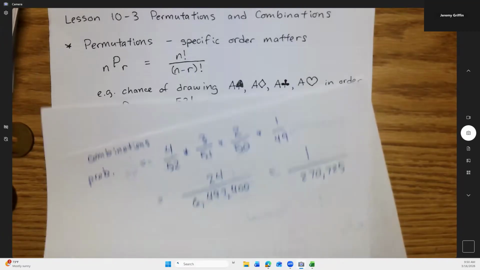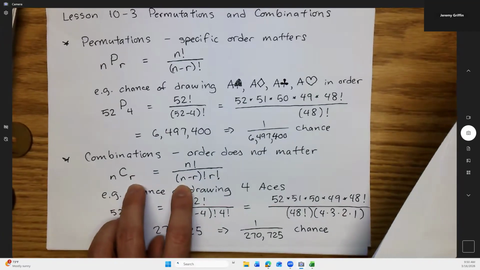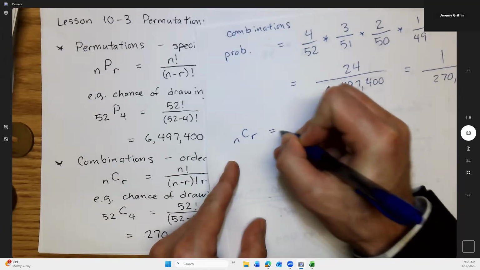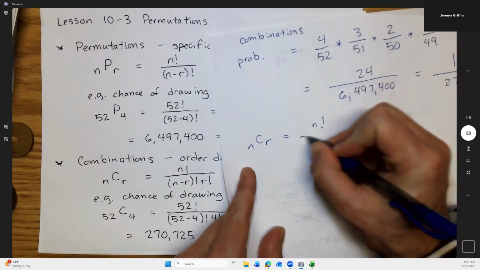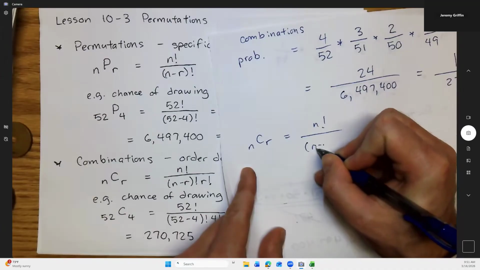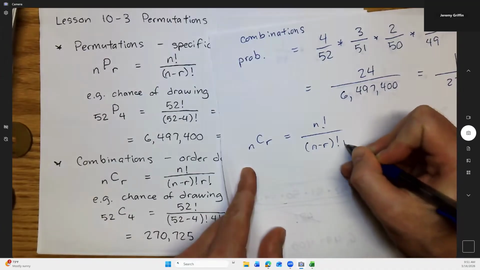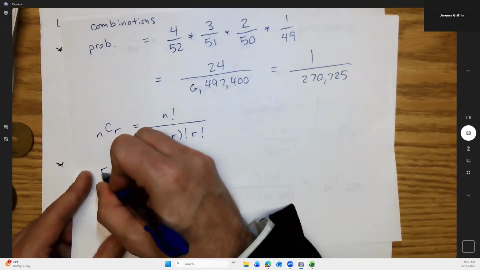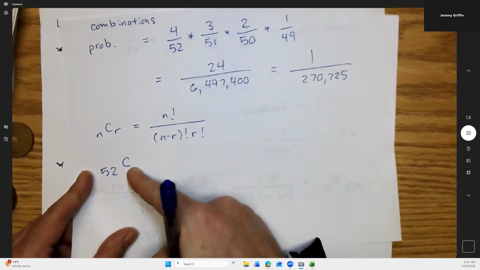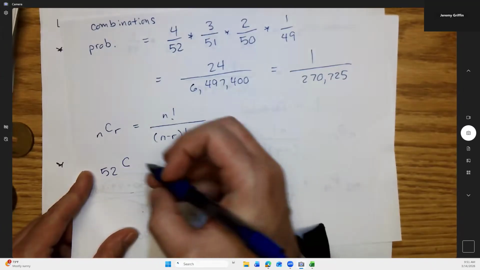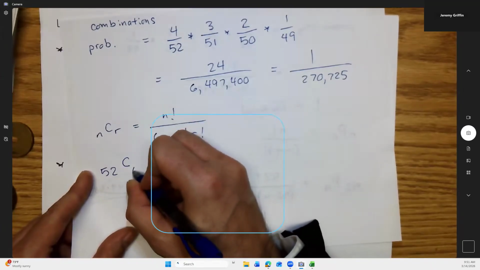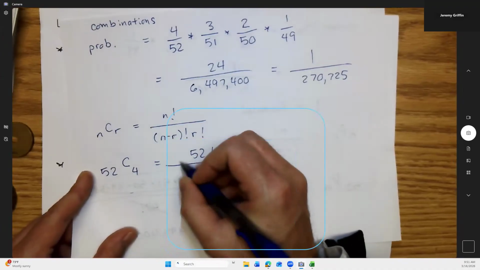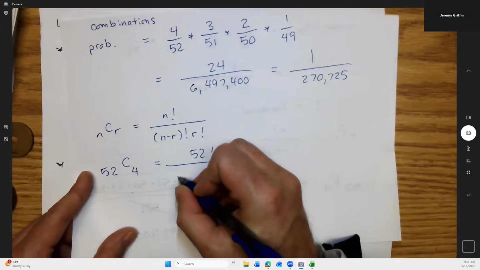Now, there's a formula that goes with combinations, and I have it right here. It looks a little different. So nCr would be n factorial over n minus r factorial, but then r factorial. So in this case, if I'm doing 52 cards and I'm choosing, so C for combinations, or say choose 4, that'd be 52 factorial over 52 minus 4, which is 48 factorial.